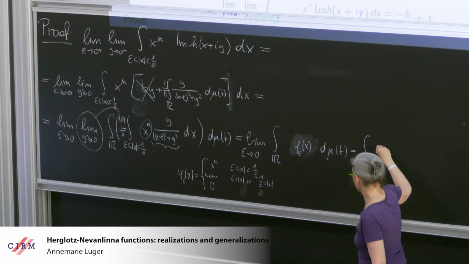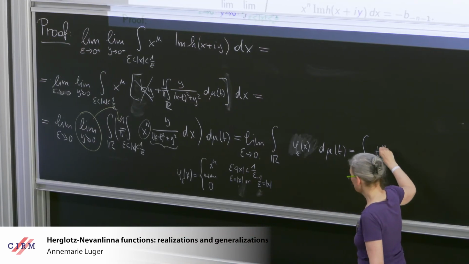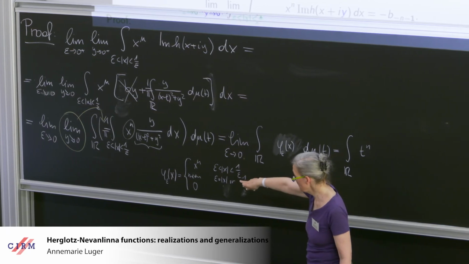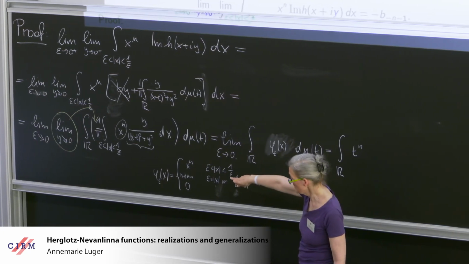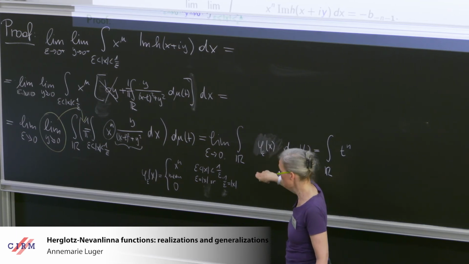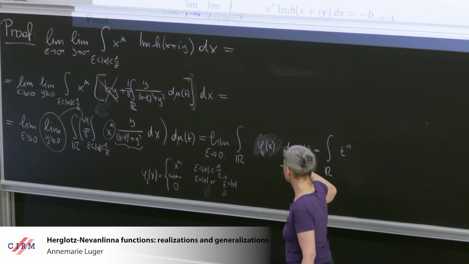Now we get t to the n, but there is only one point, namely we get never at 0, so all these functions are 0 at the point 0. So what we don't get with us is the point measure of mu.